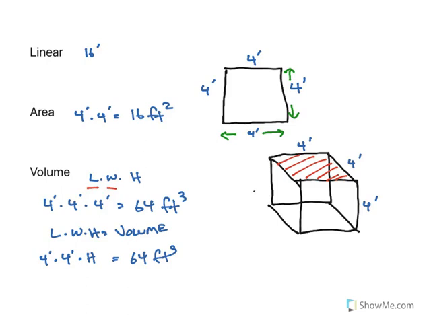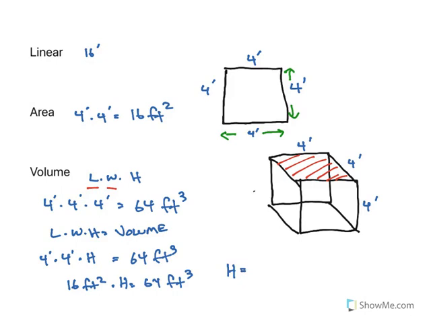So 4 times 4, 16 feet squared times height equals 64 cubic feet. Remember from the last problem about isolating our variable on one side of the equation, we can rewrite this equation like this.